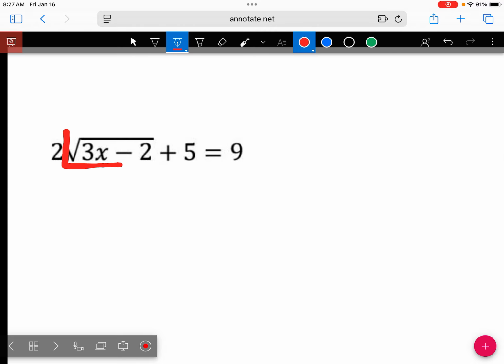This here, again, needs to be by itself. But this time we got 2 imposters that we have to get rid of before I can raise the roof. The first imposter is the plus 5. So the opposite would be to subtract 5. So let's do that.